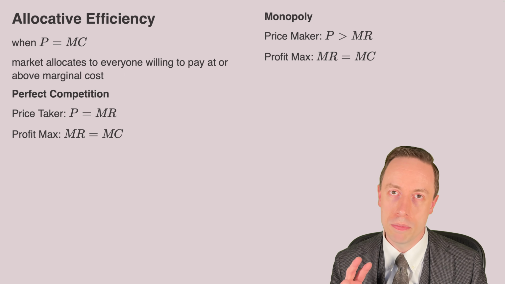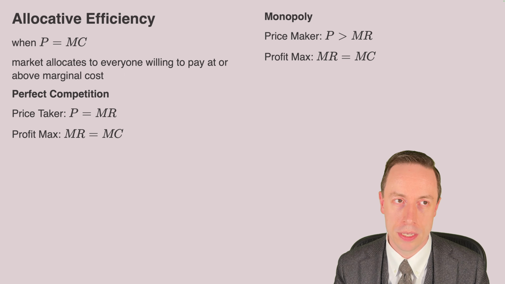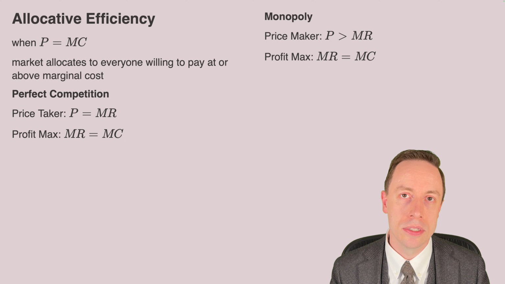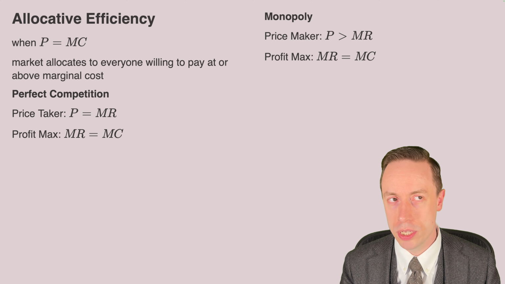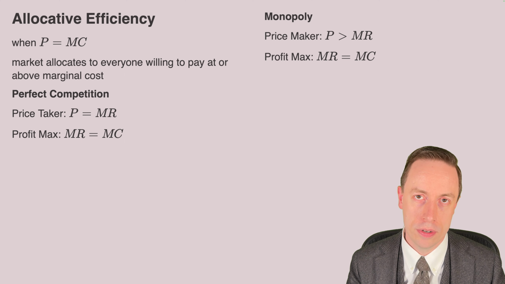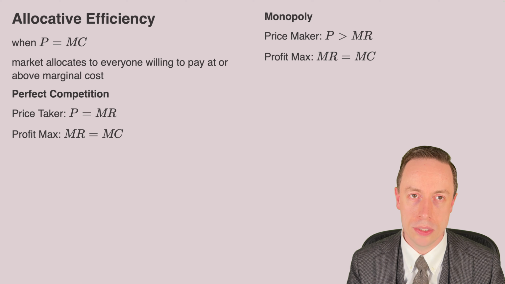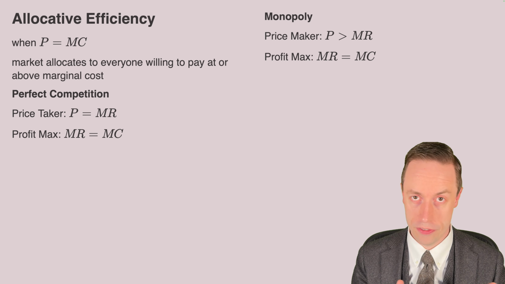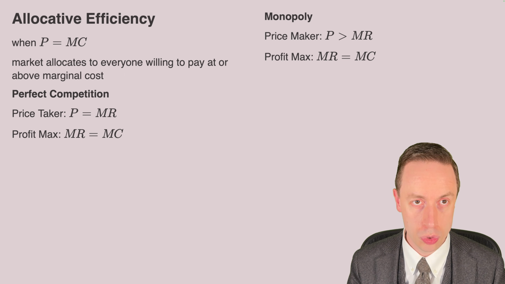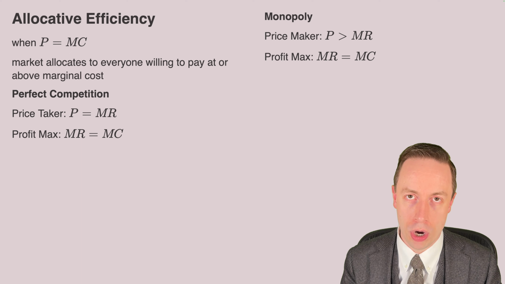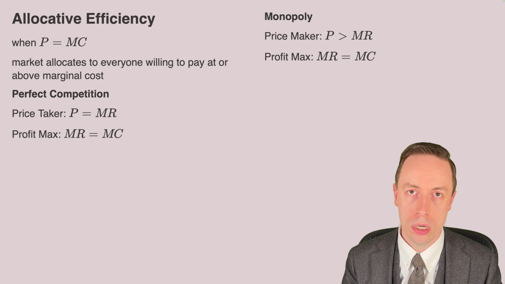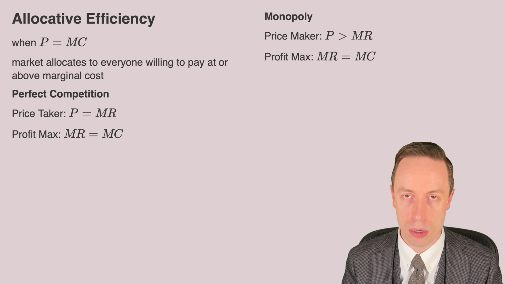So the basic problem that monopoly gives us is that it isn't efficient from an allocation standpoint. Reminder, we have this concept called allocative efficiency, which basically means, is a market or whatever other economic system you choose to use giving the right amount of product to the people who value it the most?